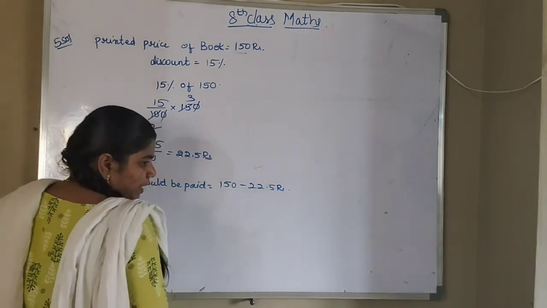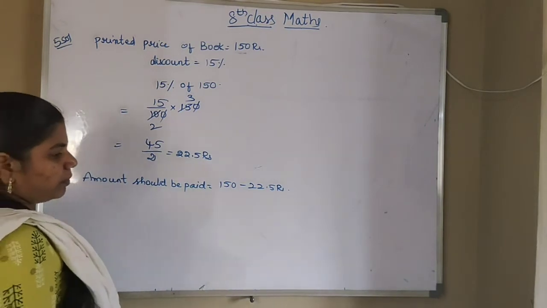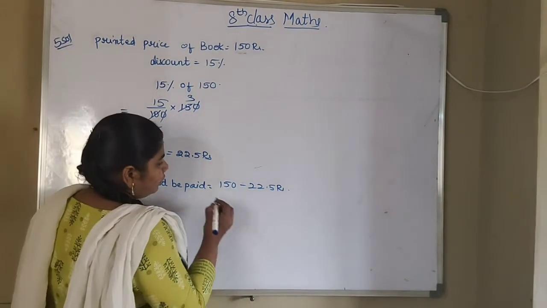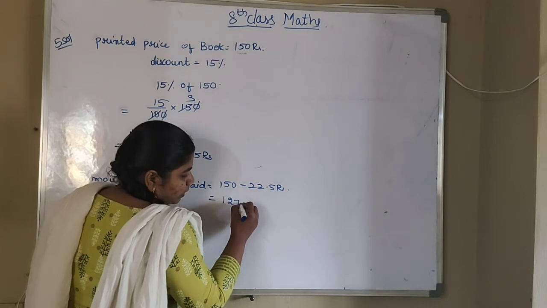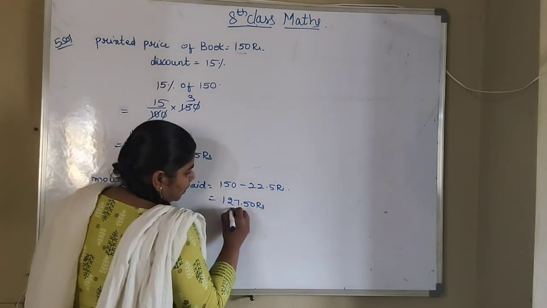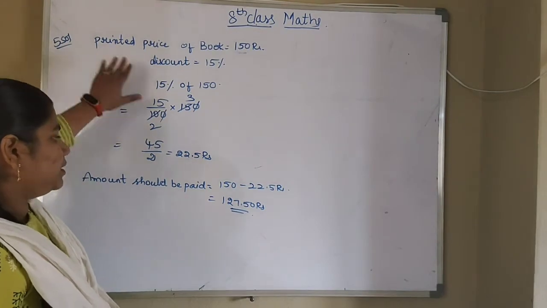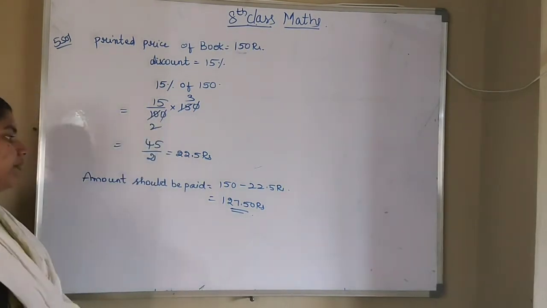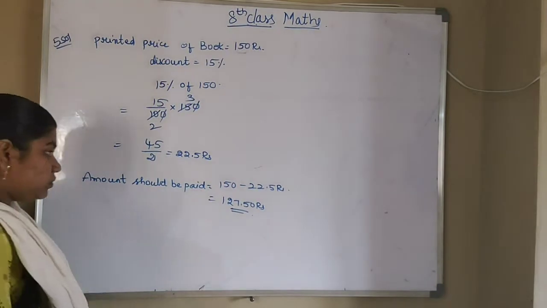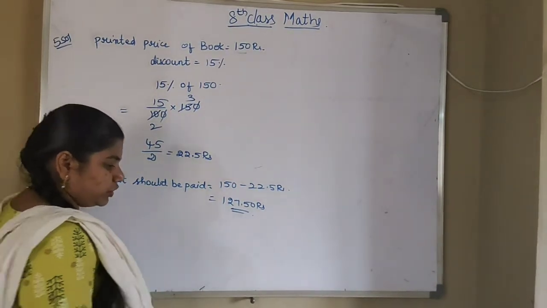So if you subtract 150 minus 22.5, that will be 127.5 rupees. So after taking out the discount from the printed price, you got 127.5 rupees. So this is our fifth solution.